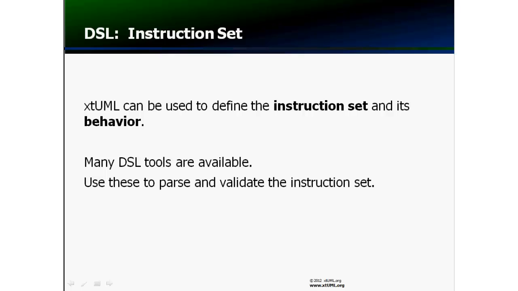There are many DSL tools that are available and you can use these to parse and validate your instruction set. But what we'll show here is using xtUML to define that instruction set and define the behavior in an embedded electronics application.